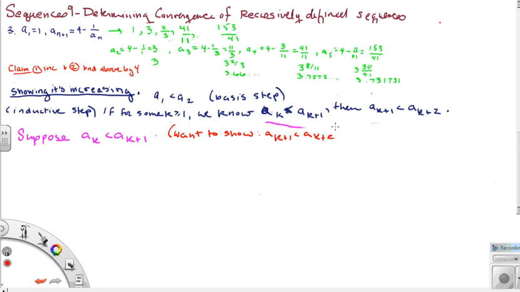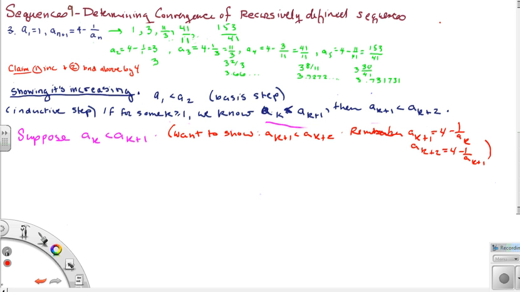Now the thing is, remember what a(k+1) is. Remember that a(k+1) is going to be 4 minus 1 over ak, and a(k+2) is going to be 4 minus 1 over a(k+1). That fact's going to come into play.